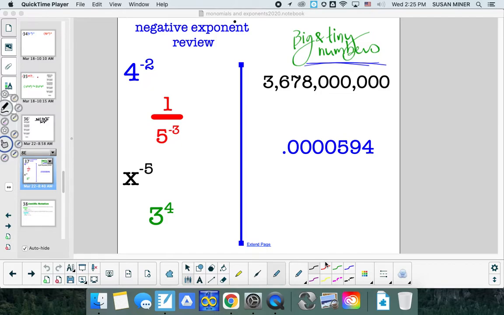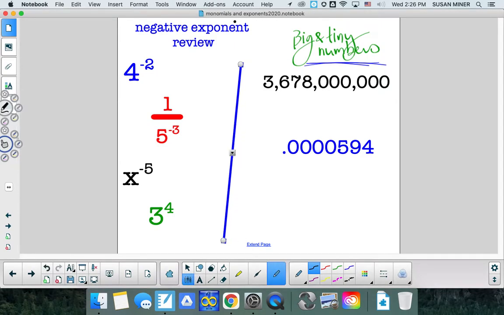And you just do these little shorthands because you don't want to type things out all the time. And scientific notation is a shorthand notation for math, for big numbers, really, really big numbers, and really, really little numbers. We're going to skip over the negative exponents review for right now.